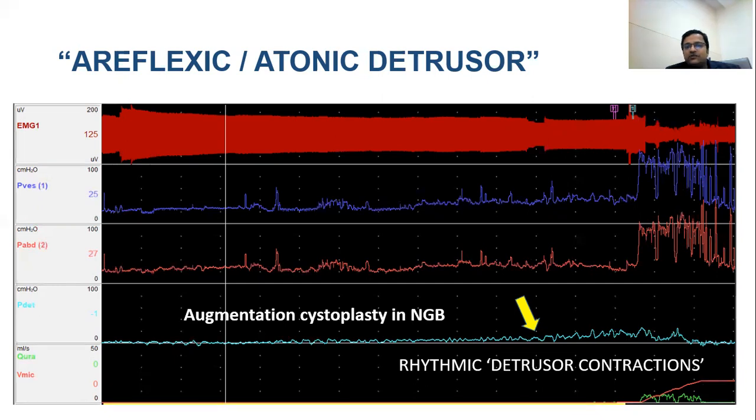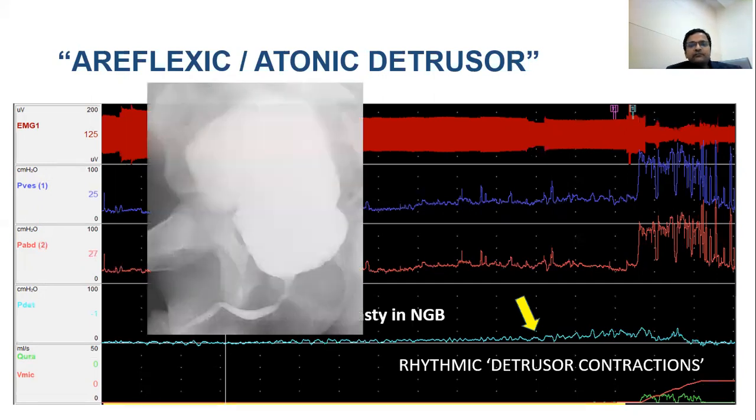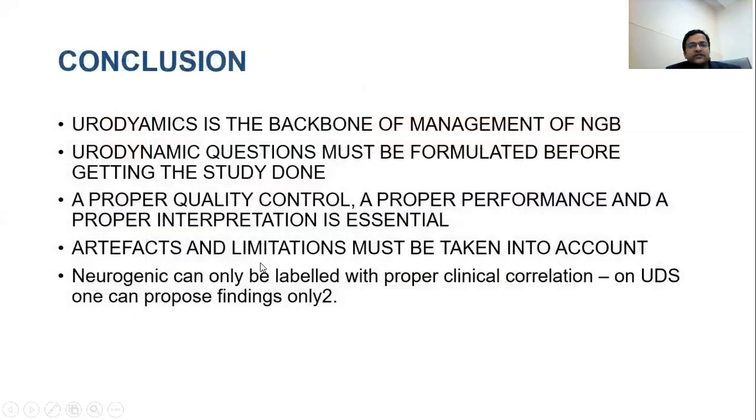So in this case, we know that this patient will not be able to void. So it will not be able to initiate a micturition reflex. So this straining will denote areflexic detrusor. And this is that patient. On straining, the patient is voiding. There is no active detrusor contraction in this.